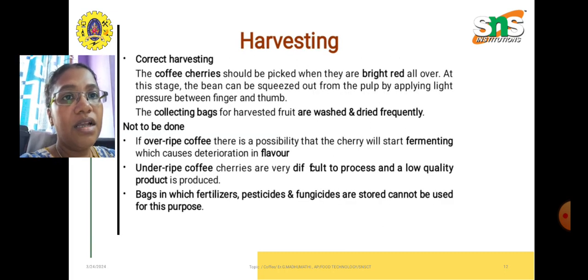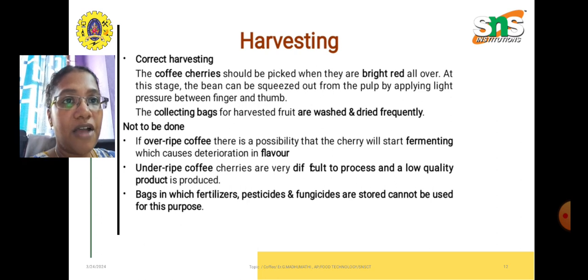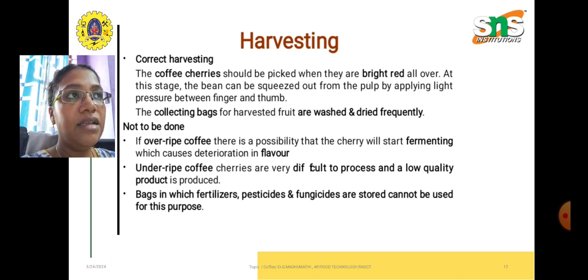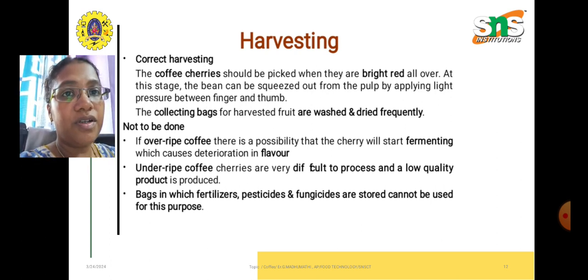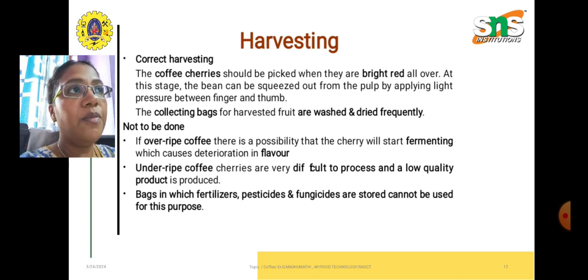Correct harvesting methods have to be adopted in order to attain the final coffee product that is more apt for export purposes. What not to do: if the coffee is overripe, there is a possibility that the cherry will start fermenting, which causes deterioration.